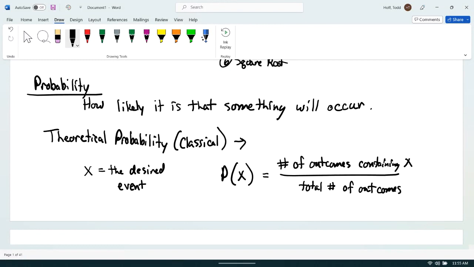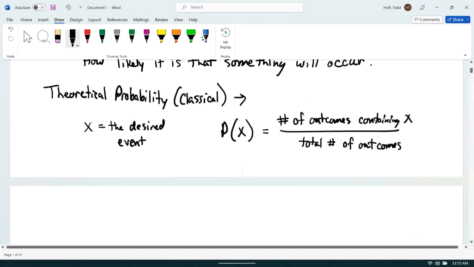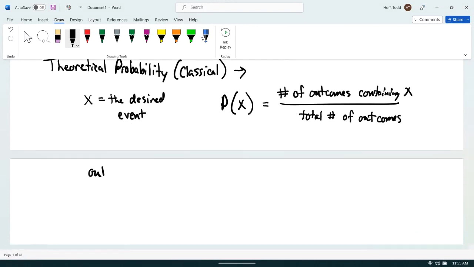So there's some vocabulary to define here. So we have outcomes, which are a result of what we call a random experiment.